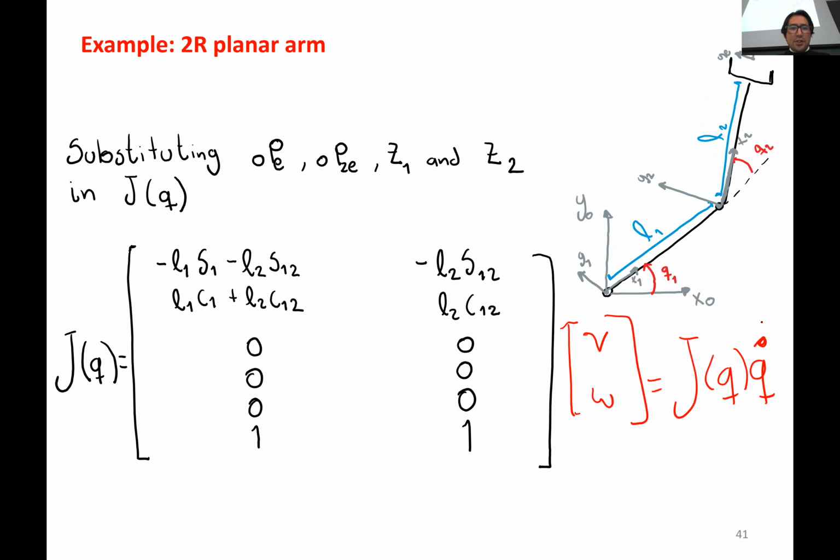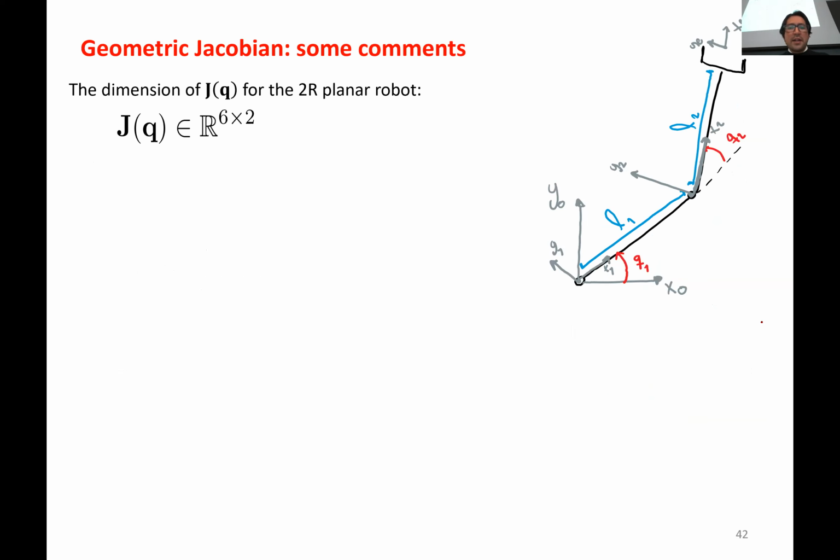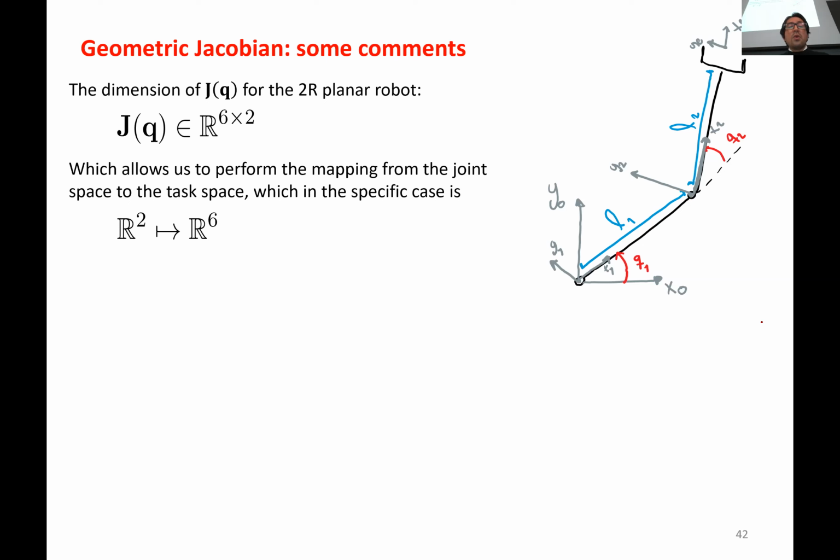Okay, so just some comments related to the exercise that we just did. So the dimension of the Jacobian, as I mentioned, is going to be 6×2. What we're doing basically is mapping from the joint space, which is of dimension 2, to the Cartesian workspace, which is of dimension 6. And what's helping us to do this mapping is the geometric Jacobian matrix.